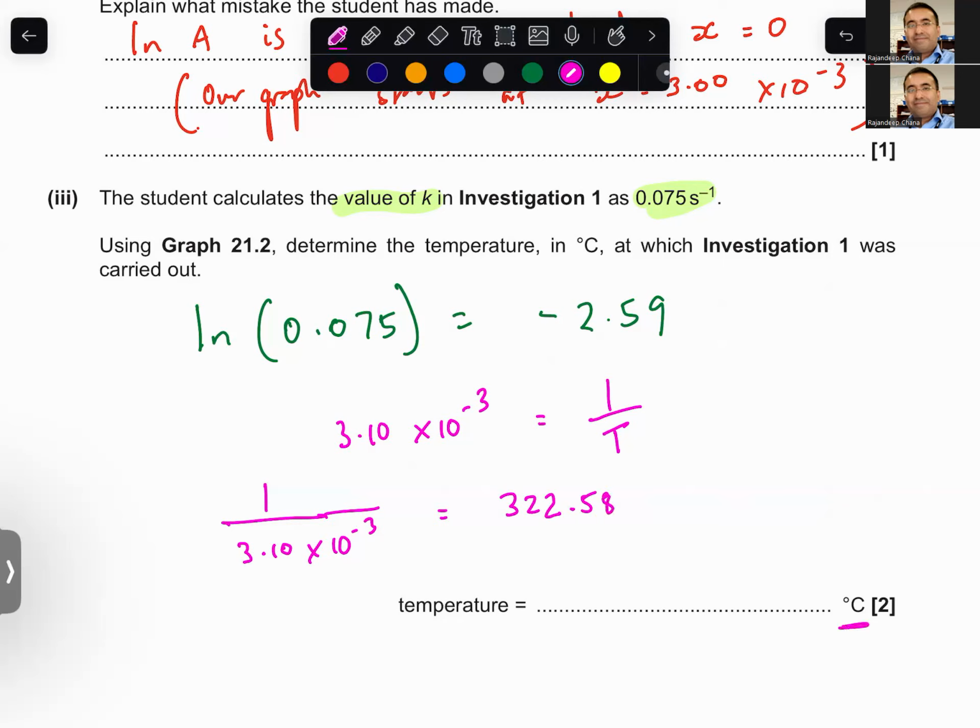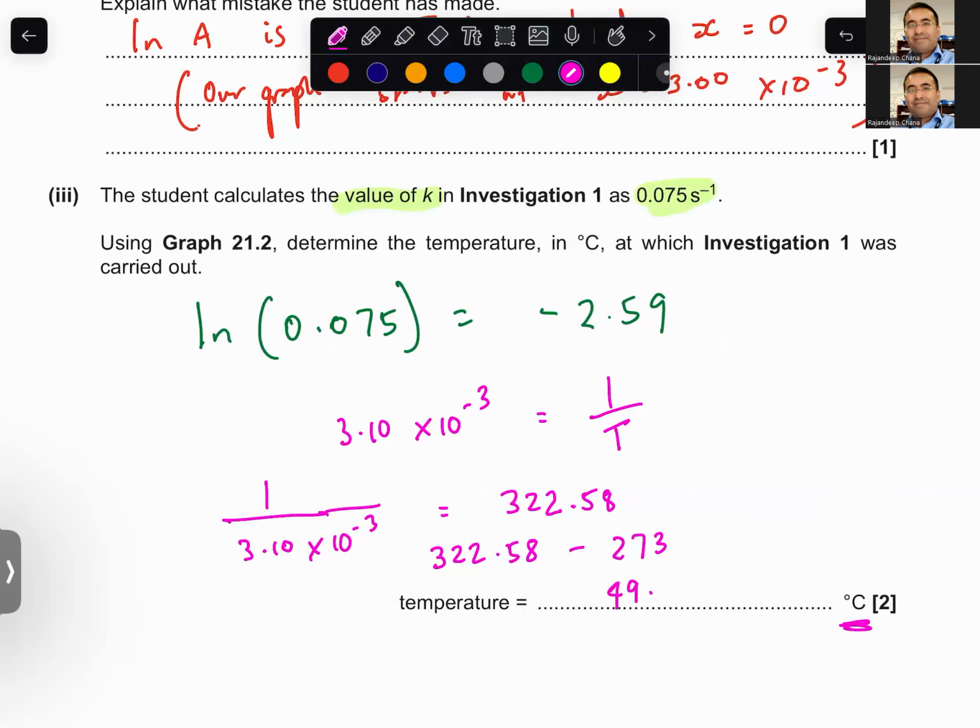They want it in degrees Celsius, so 322.58 minus 273. That gives us 49.6 degrees Celsius to 3 significant figures.